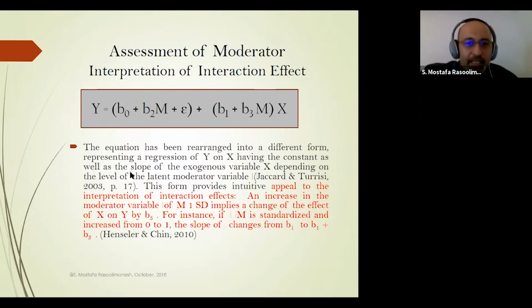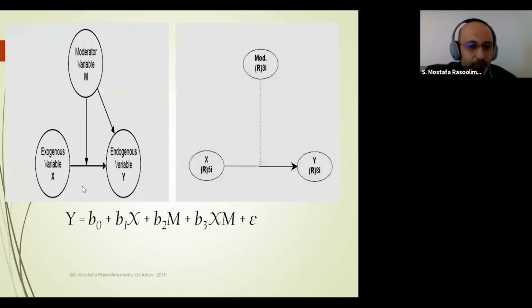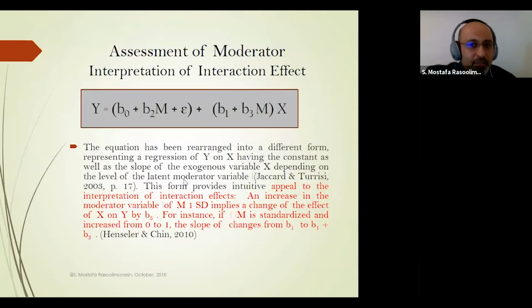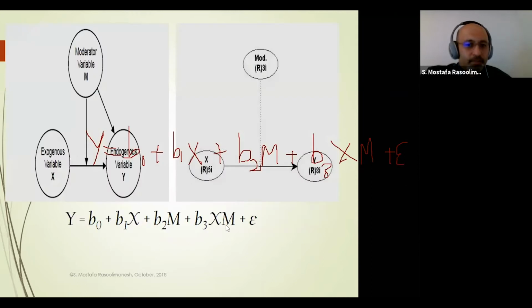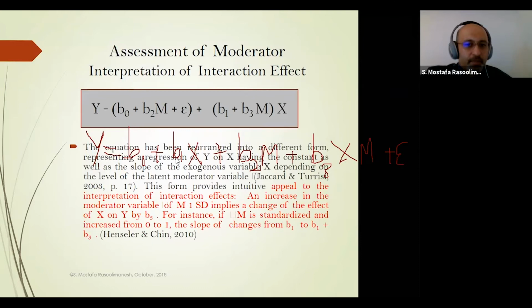This can be changed to this equation. The original one is Y equals b0 plus b1X plus b2M plus b3XM plus error.